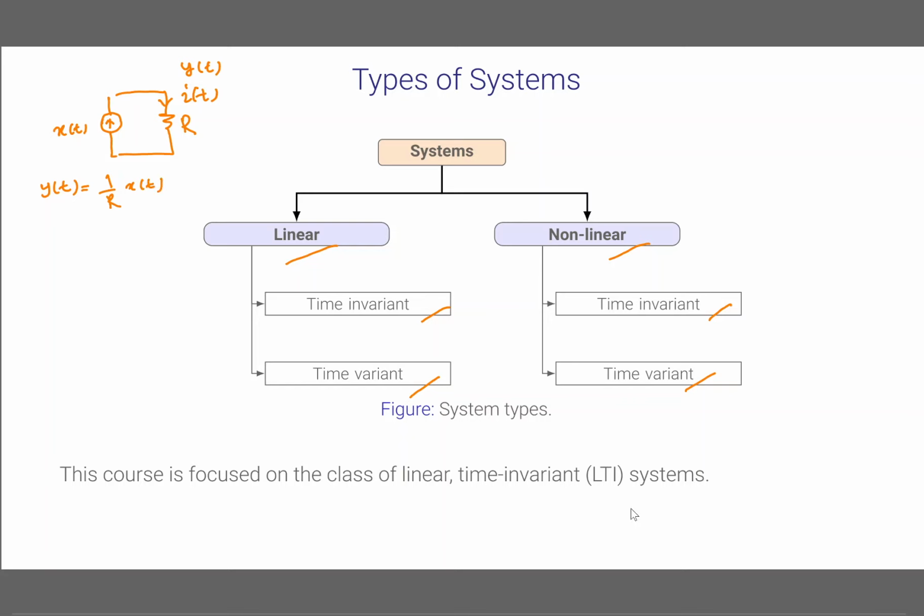So you can see there is a linear relationship between x(t) and y(t). Actually, y(t) can be obtained by multiplying x(t) by some constant. So this system that takes a voltage as the input and produces a current through a resistor is a linear system.